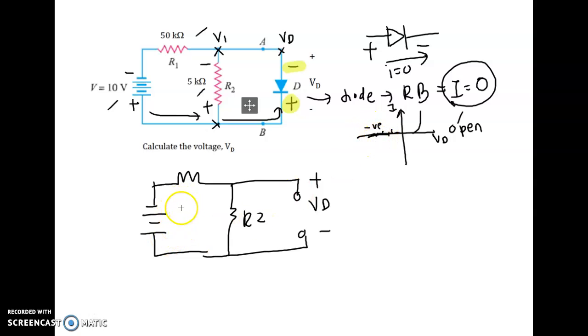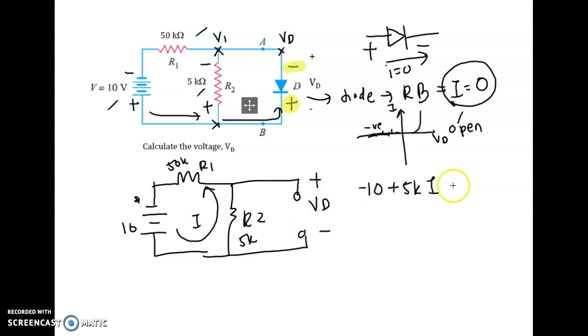So now let's do the KVL here. So here you put your KVL around here. So let's say this is I. This is 10 V, this is 50K, and this is 5K. So from the KVL equation, start from here: minus 10 plus 5K I, since this is open circuit, plus 50K I equal to 0.